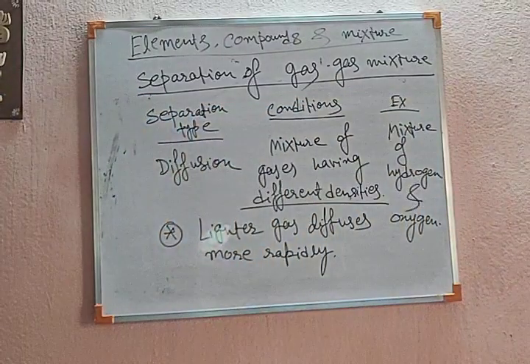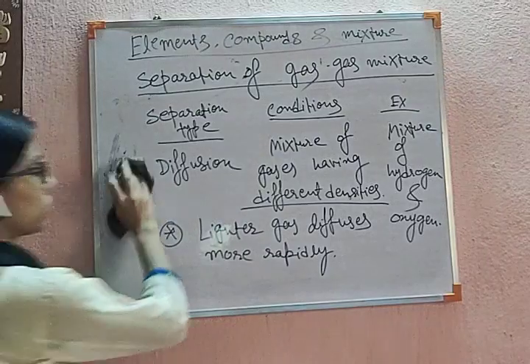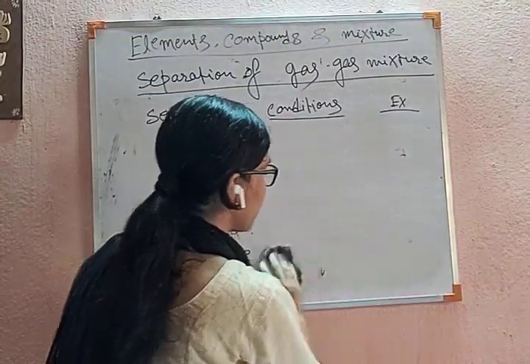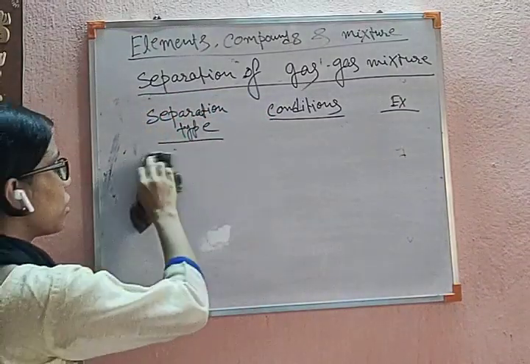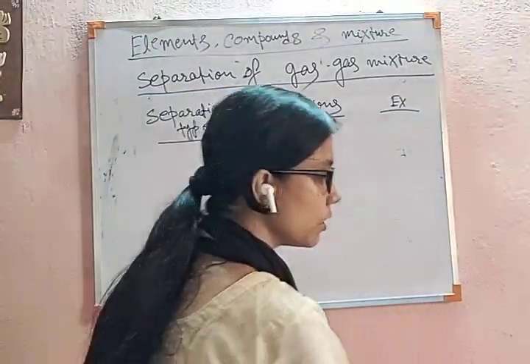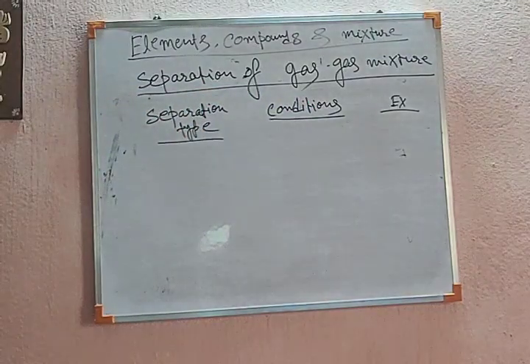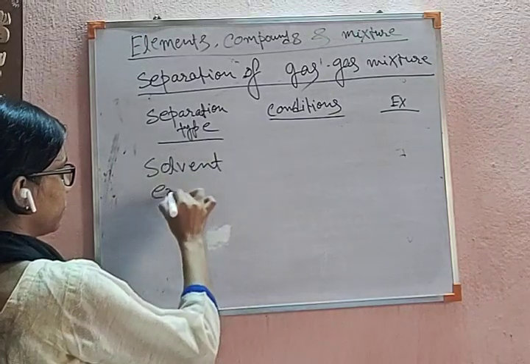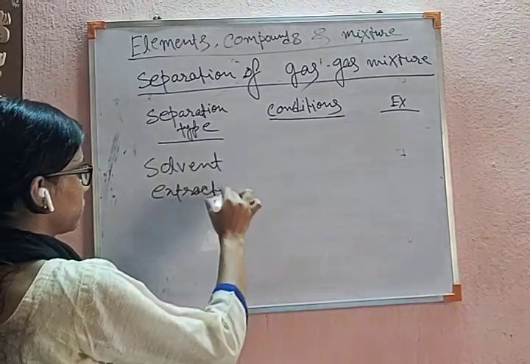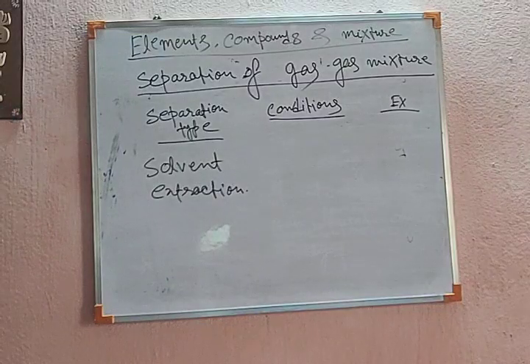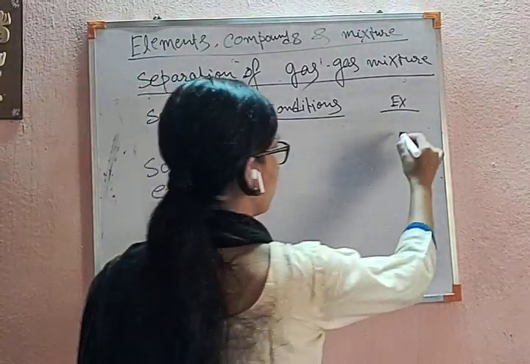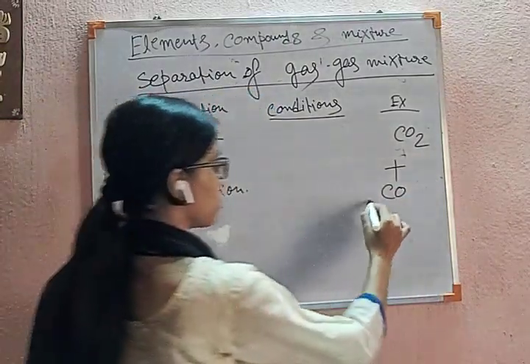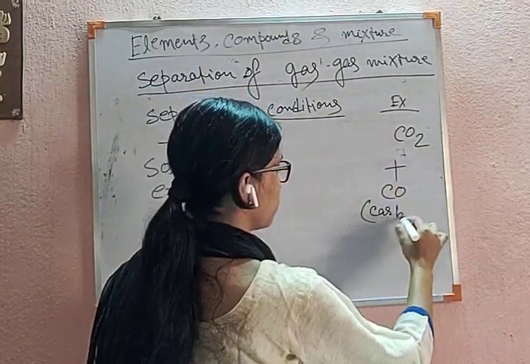The next is solvent extraction. The solvent extraction technique is applied when, in a mixture of two gases, one gas is soluble in a particular solvent. I am giving the example of carbon dioxide and carbon monoxide.